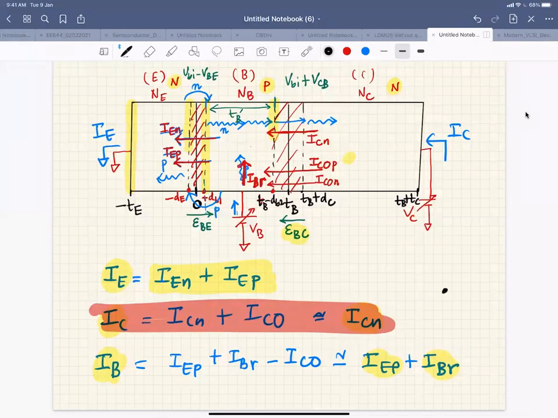This is the terminal, your IB is going in, this is IBR, and this is IP, and I have ICO coming. If you solve this KCL, what will you get? Yes, it is just a KCL to capture correctly.